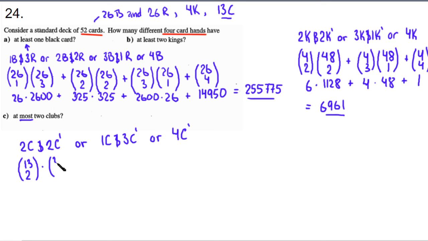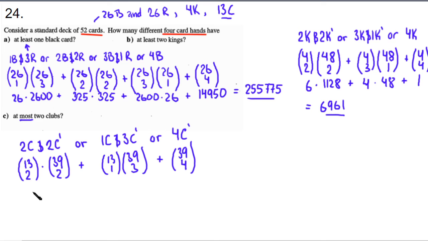So 39 of the cards in the deck are not clubs, and we're choosing 2 of them. 39 choose 2. Plus, and now it's going to be 13 choose 1 times 39 choose 3. And then finally, we would have 4 cards that are not clubs. That's going to be 39 choose 4.